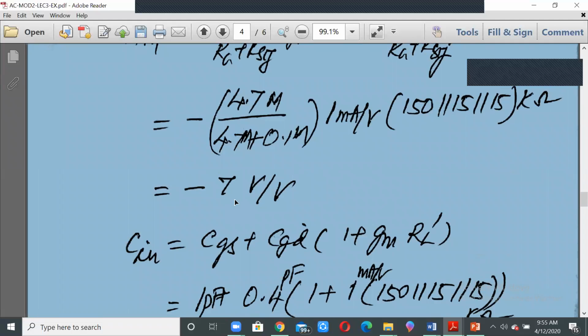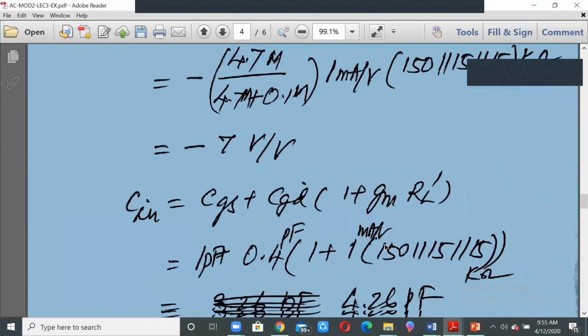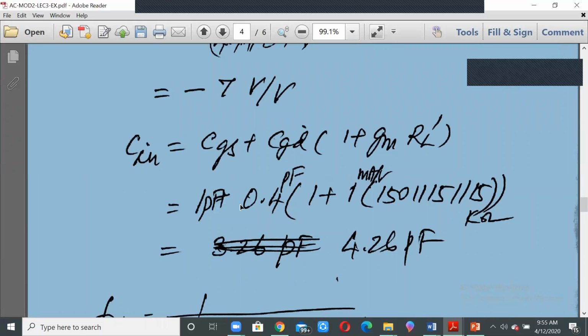7 volts per volt. Cin is equal to CGS plus CGD into 1 plus gm RL dash is the formula, and you need to just substitute it. If CGS is 1 picofarad, CGD is 0.4 picofarad, then 1 plus 1 milliampere per volt, 150 into 15 into 15 kilo ohms, kilo and milli will cancel. So we'll get on the whole a value which is 4.26.